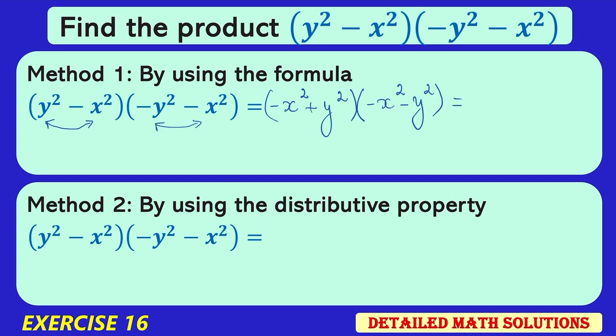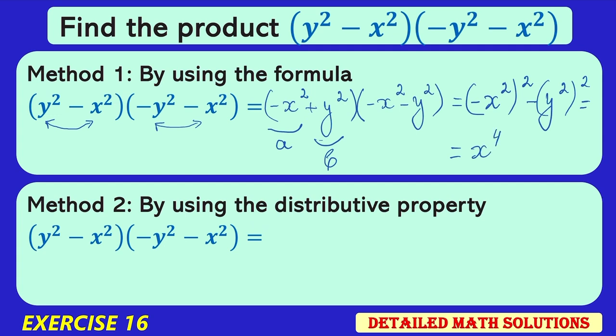This way, I can now apply the formula, and I have negative x squared corresponds to the a in the formula, and y squared corresponds to the b in the formula. In other words, this equals negative x squared in parentheses squared minus y squared in parentheses squared, which equals x to the fourth power minus y to the fourth power.